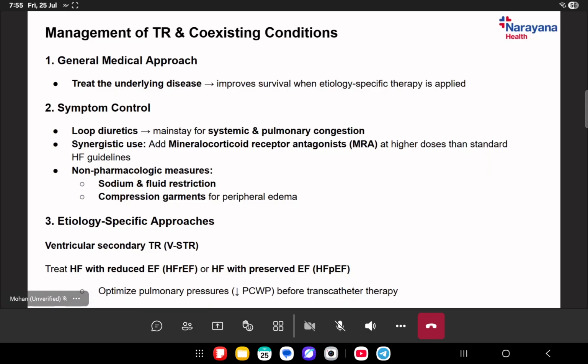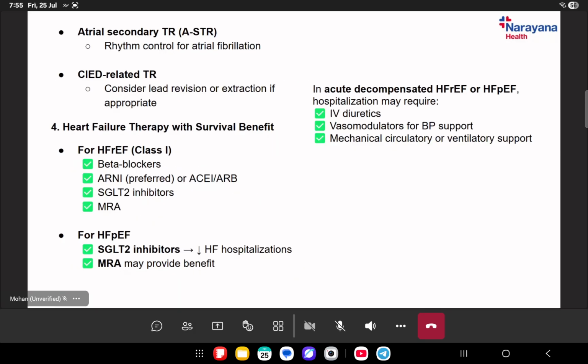For etiology-specific approaches: ventricular secondary TR, with optimized pulmonary arterial capillary wedge pressure, before transcatheter therapy. Atrial secondary TR is usually caused by atrial fibrillation, where we have to do rhythm control. With cardiac implantable electronic devices, we have to revise the lead or extract it if possible.